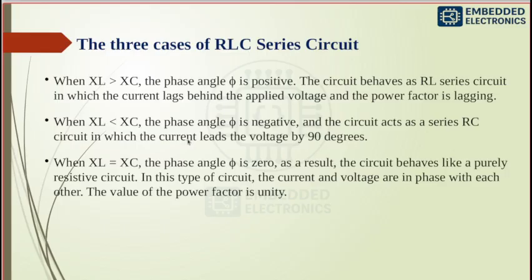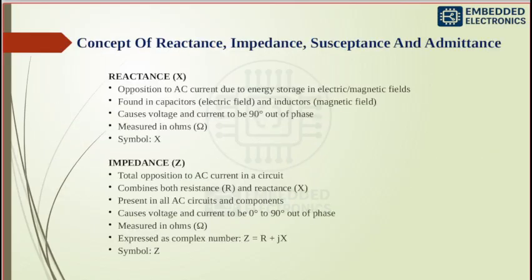Then the circuit acts as an RC circuit, so here the current leads the voltage. But when both are equal, the phase angle is 0. At that time the circuit behaves like a purely resistive circuit, so current and voltage are in phase with each other. Then the power factor is unity.